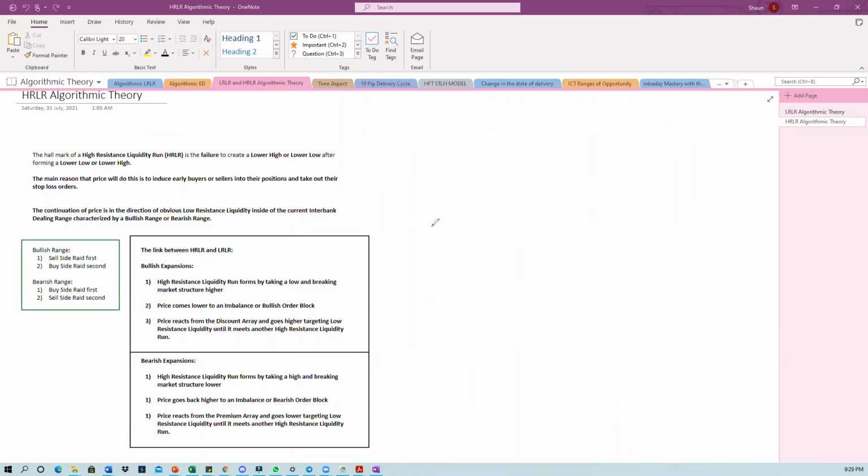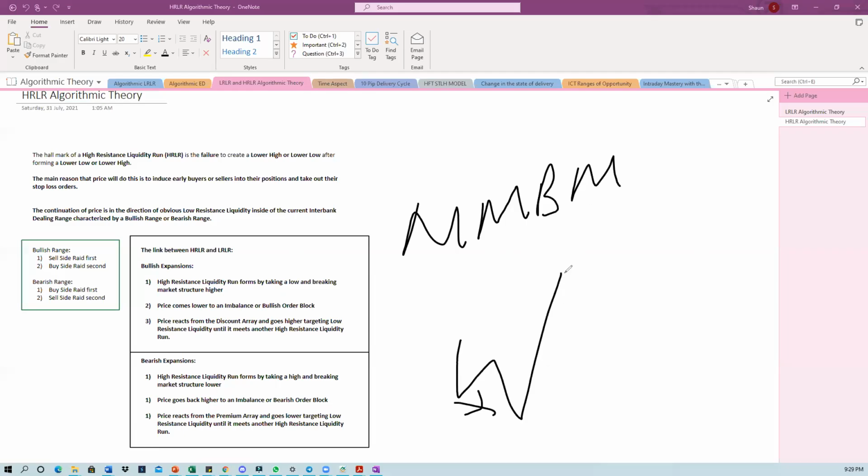And mind you, a couple of them, not just one person, are saying it's in a market maker buy model. And then what happens? That high resistance liquidity pool gets taken out and price continues to go lower. Now, what does that tell you?